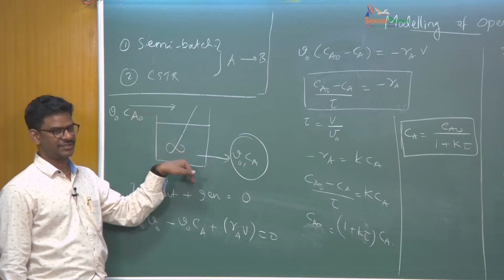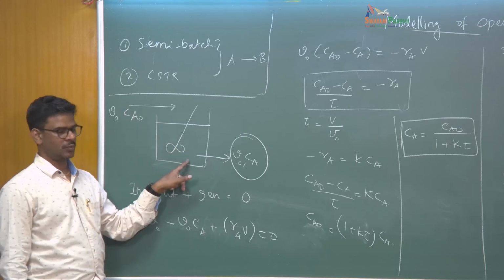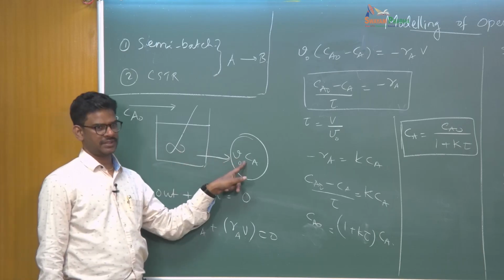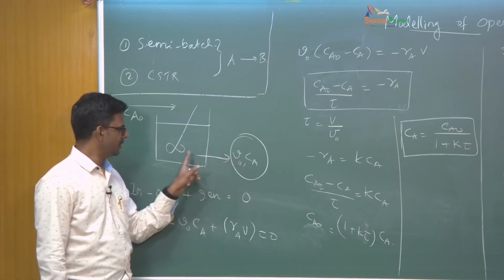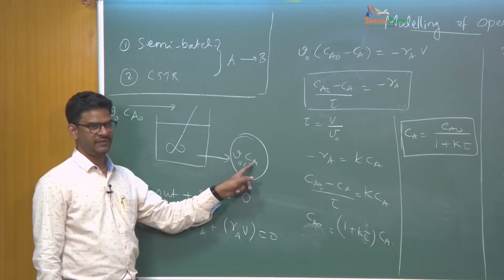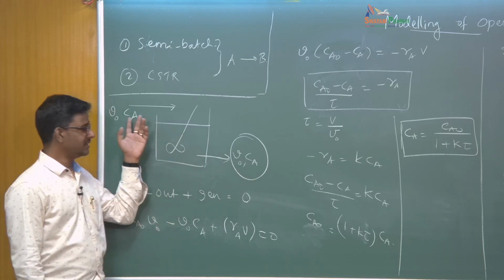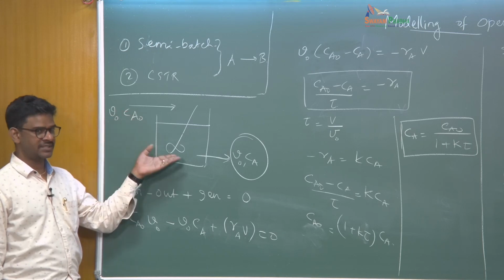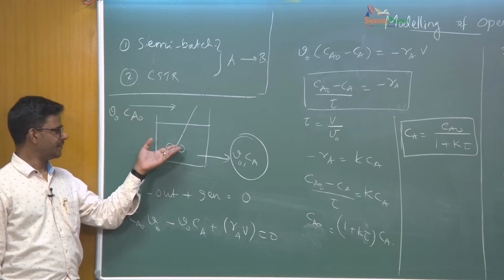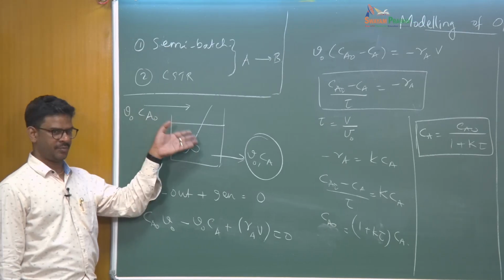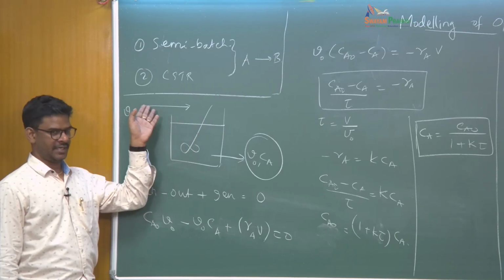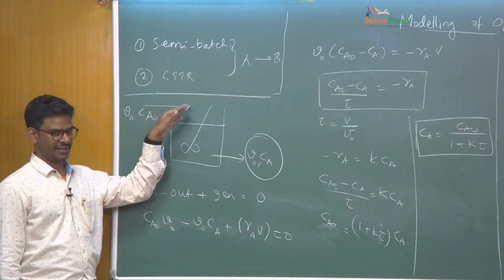There's a step change in the concentration from CA0 to CA. What is present in this reactor is what is coming out, isn't it? So the probability of a molecule leaving depends on how many molecules of A are present here. But this operation is different. This is regardless of what is there. Even if you have no A or extra A, this will keep adding, like a zero order rate.